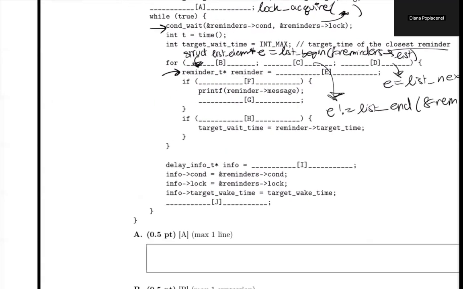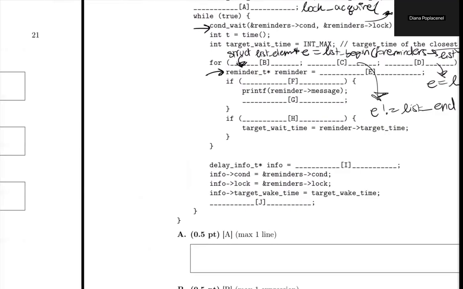Okay, and so again, when we have some Pintos list iteration, we're iterating over list elem structs or list elem pointers. And list elem structs are always contained in some parent struct, as I like to call it. So in this case, we have a reminder struct, and list elem is going to be embedded inside that reminder struct.